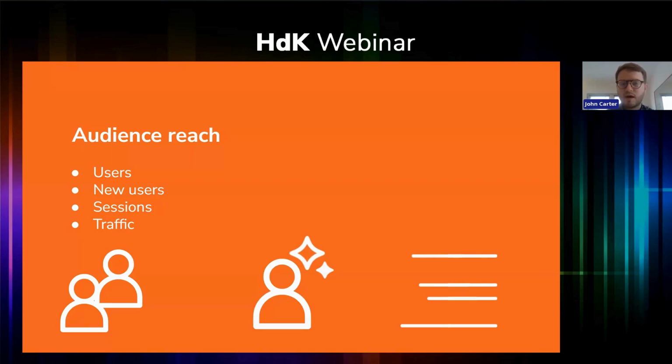Any event that a user is taking part in or doing in one time frame is called a session. And it's these sessions together that equal traffic. Now, throughout Google Analytics, sometimes traffic will refer to users and sessions, but strictly speaking, all the sessions that are taking place are what's considered traffic.